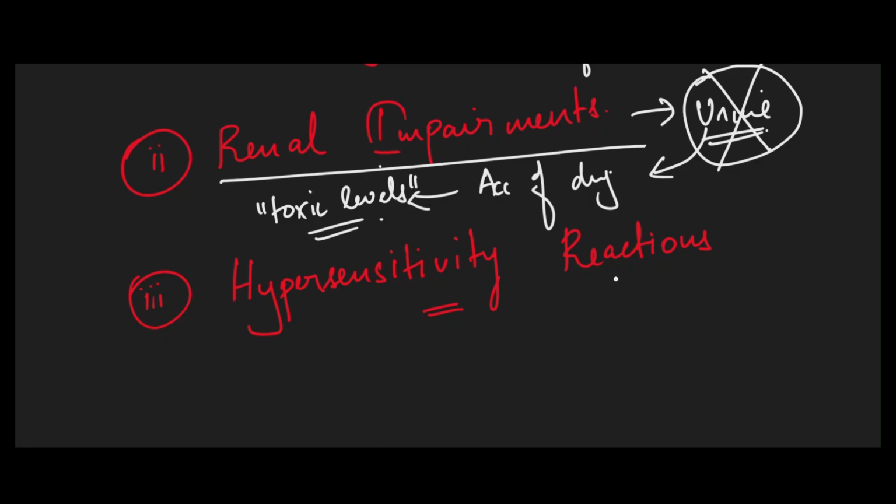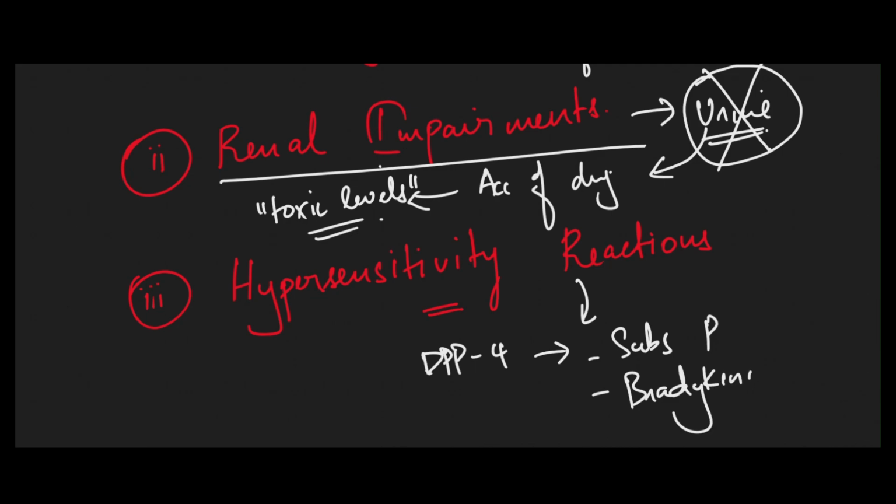And coming to the last one, which is hypersensitivity reaction. Now, what happens is that DPP4 is responsible for breaking down proteins such as substance P and bradykinin. So what happens when you inhibit this?